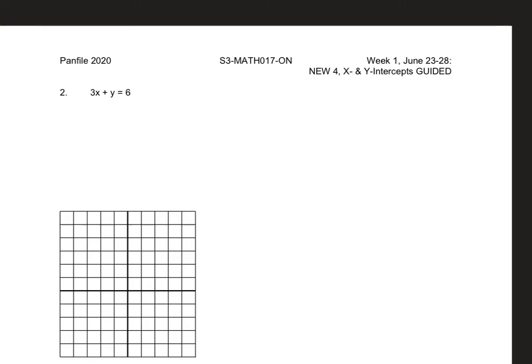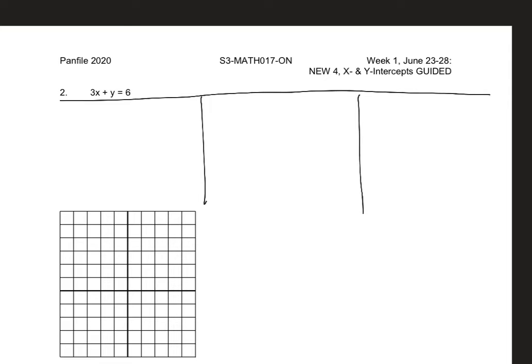All right, let's do my next one. Again, I'm going to make my 3 compartments. I'm doing x-intercept, y-intercept, other point.